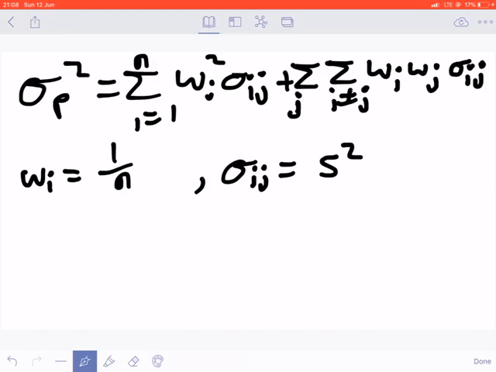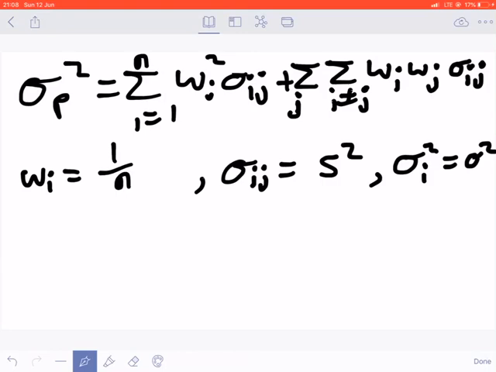And again for simplicity, we will posit that any asset has the same variance, which we just call sigma squared. This is just to simplify our equation.